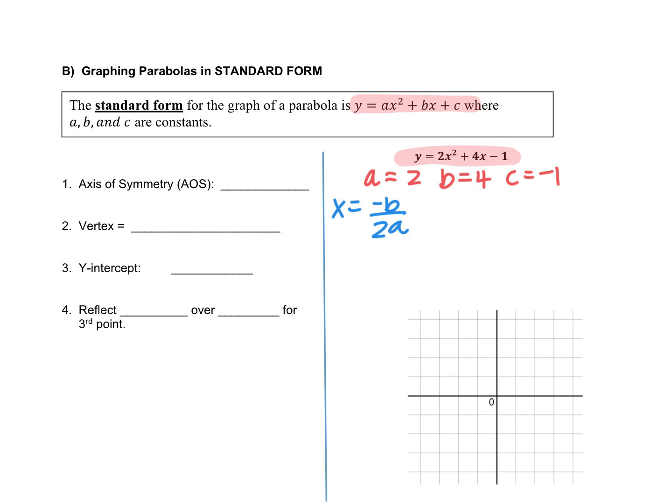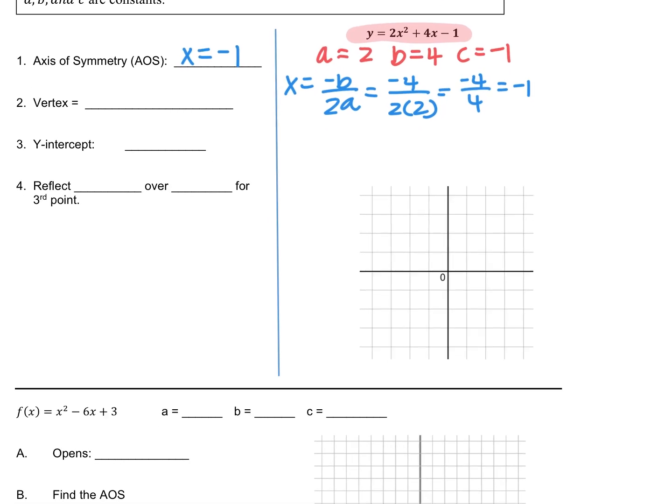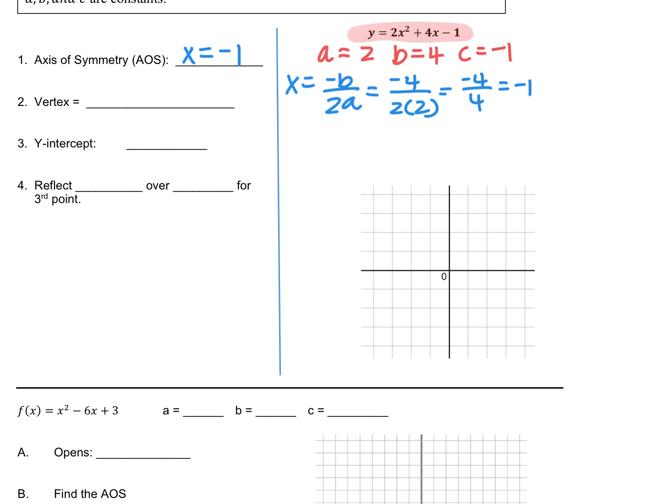So if I do -b over 2a, that's -4 over 2 times 2, which is -4 over 4, which is -1. So the axis of symmetry is x equals -1, using that new formula.